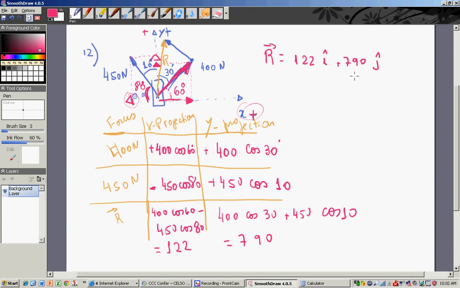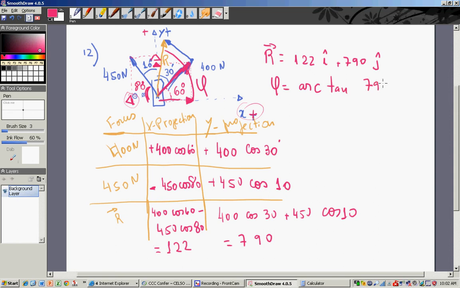So my resultant vector in this case is 122 in the i direction plus 790 in the j direction. That's my R, the projections of it.